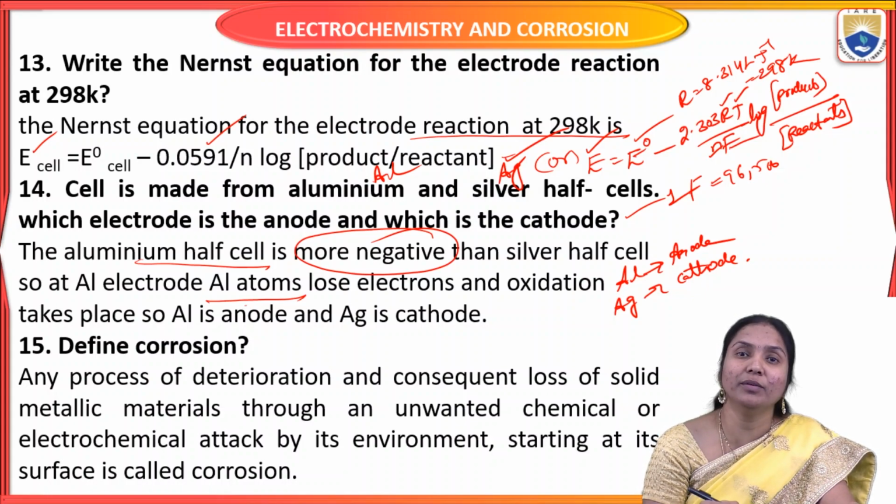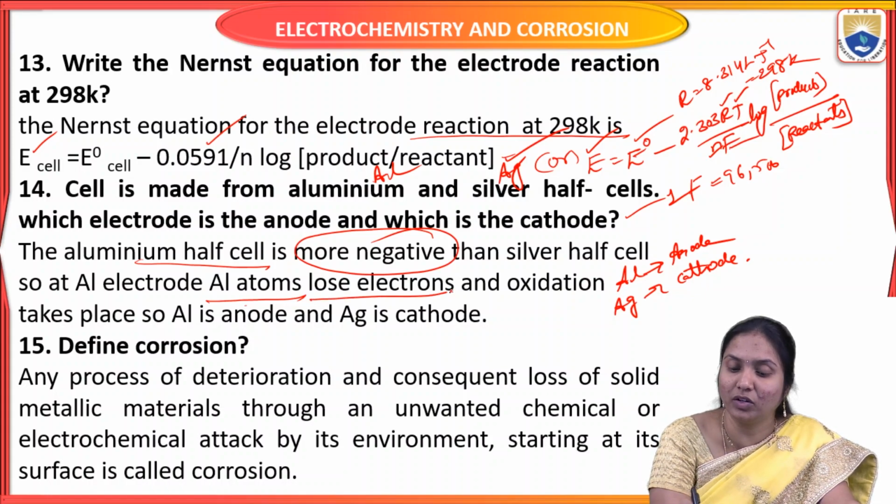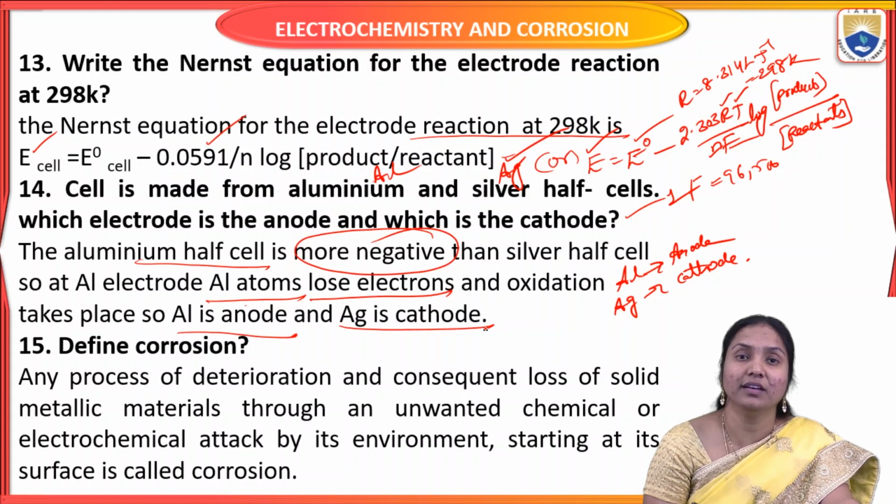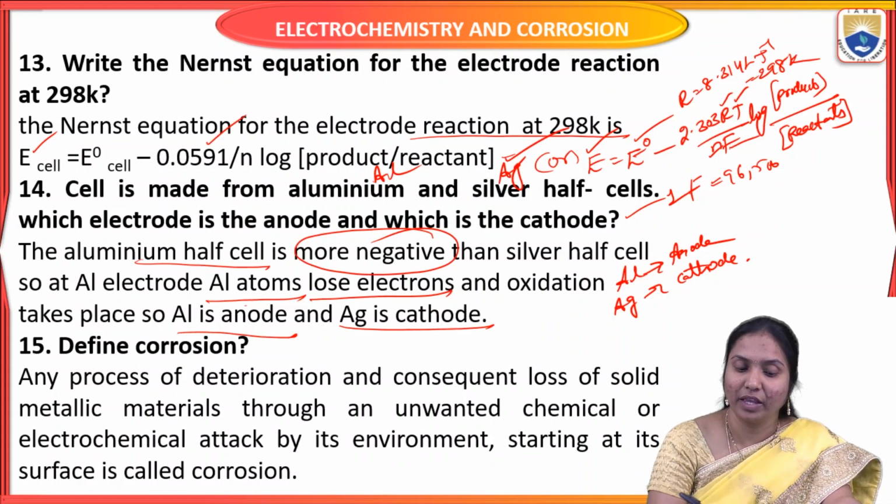Aluminum undergoes oxidation because it has a high anodic nature compared to silver. So aluminum acts as anode, silver acts as cathode.